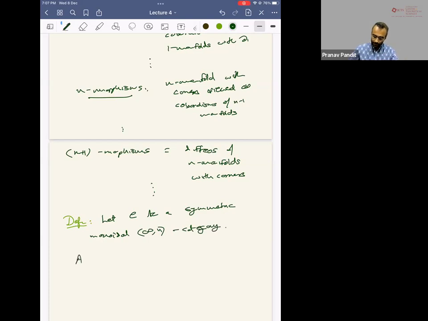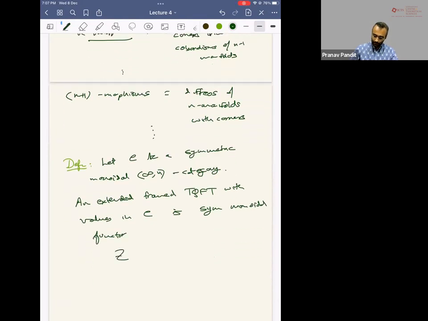A TQFT, an extended framed TQFT with values in C, is a symmetric monoidal functor Z from Bord n framed to C. And again, the symmetric monoidal structure on Bord n framed is the disjoint union of all these manifolds.